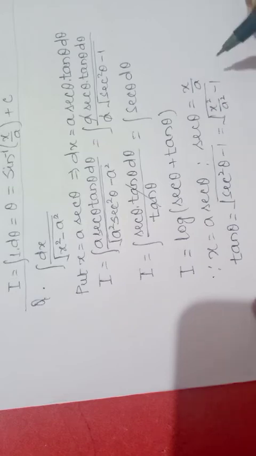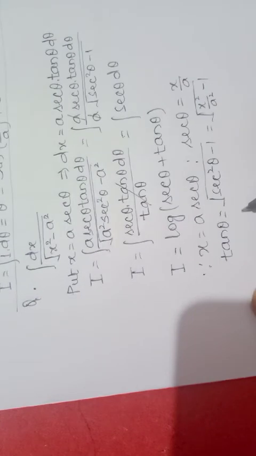Take out its LCM. So x square minus a square, and the square root of LCM, that is a square, is a. So sec theta is x by a, and tan theta is under root x square minus a square by a.